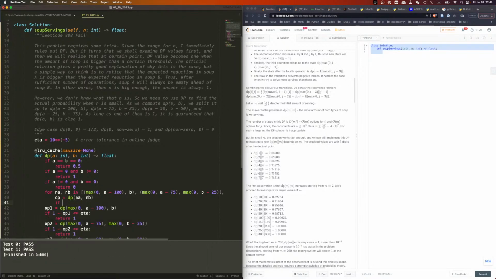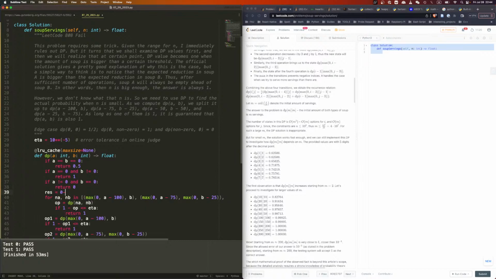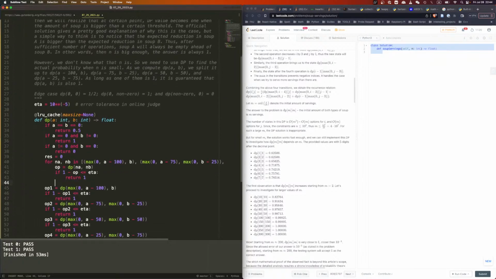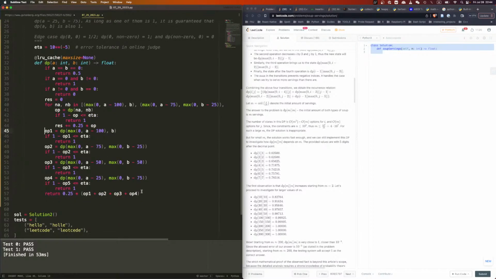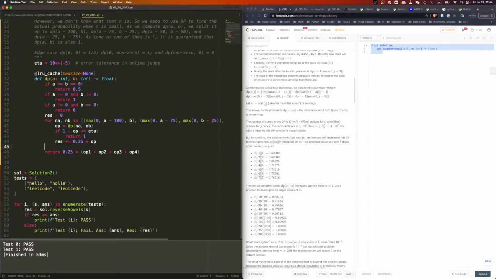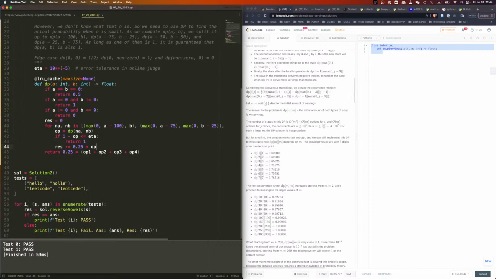If 1 minus OP is smaller or equal to eta, then we return 1. Otherwise, res equal to 0. Res plus equal to 0.25 times OP. Right, and then we'll return res.